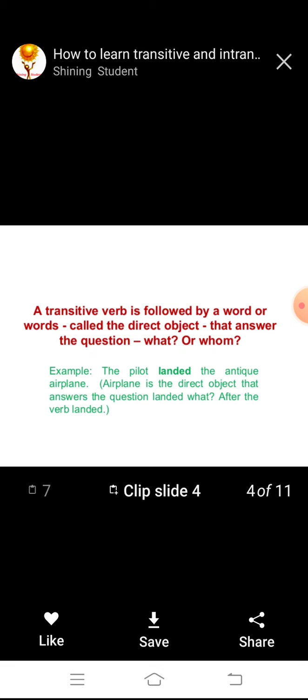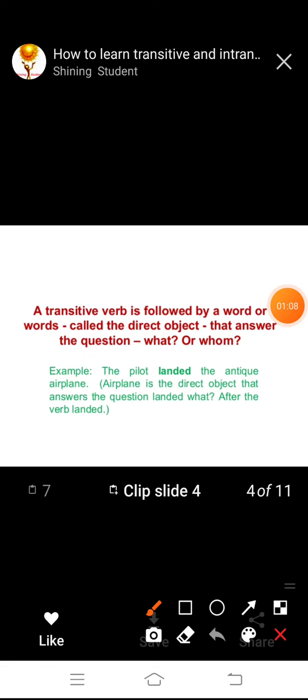Example: the pilot landed the antique airplane. Airplane is the direct object. How? When we ask the question, landed what? The answer we get, the antique airplane, is the direct object.